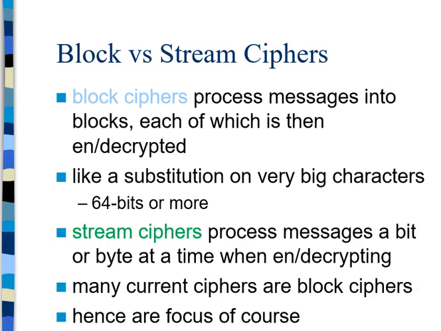And as you know, symmetric methods are divided into block ciphers and stream ciphers. Block ciphers work on a block or a word at a time, which is some number of bits. What does it mean? It means that all of these bits have to be available before the block can be processed.